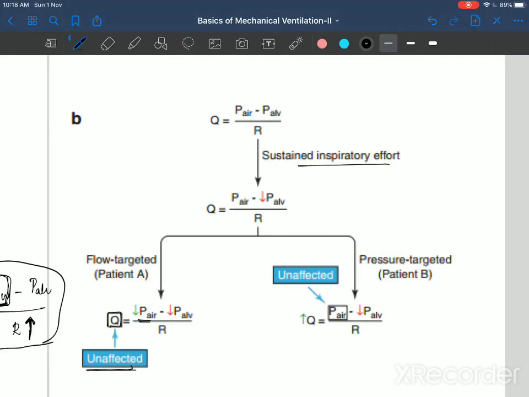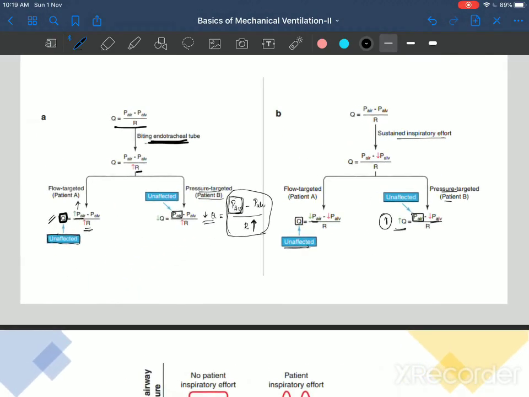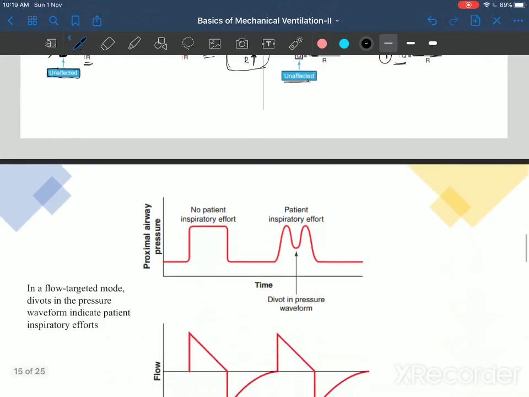Physics, mathematics. If the patient is in the same situation with low alveolar pressure, but here the airway pressure is the independent variable in a pressure targeted mode, then if the numerator is decreasing, what will happen to the final equation? Your flow will increase, correct? So that is all. That is why the opposite variable becomes the dependent variable.